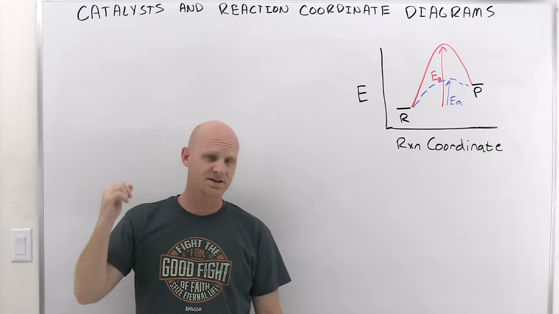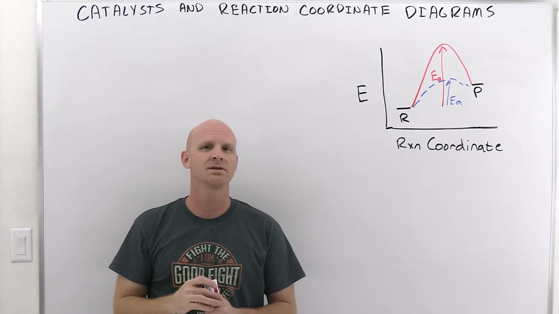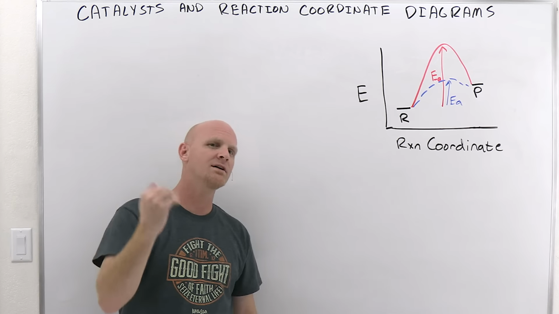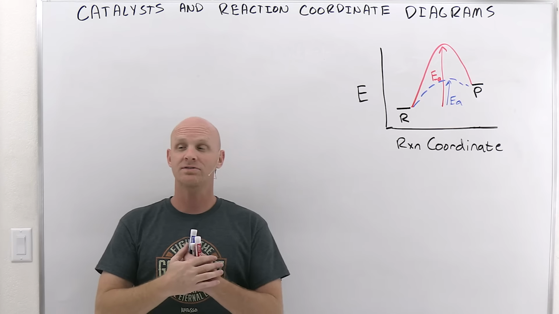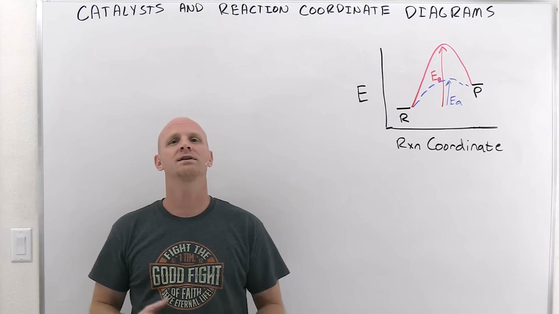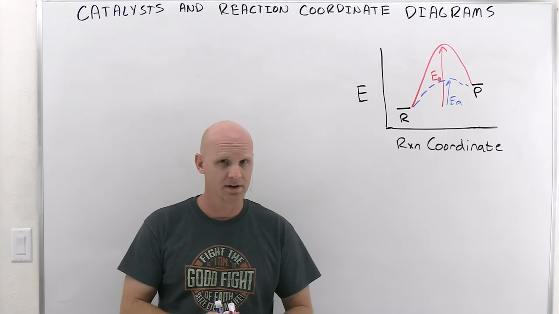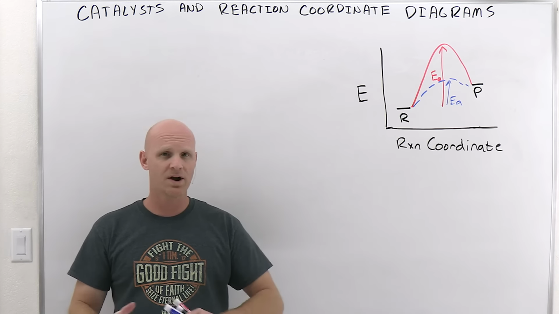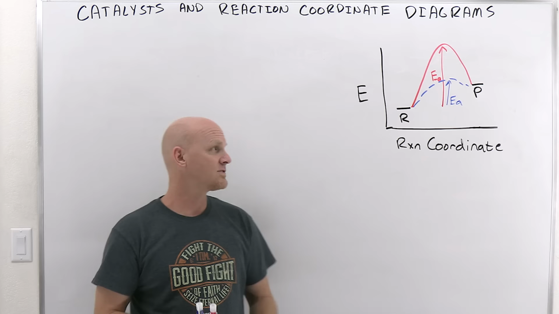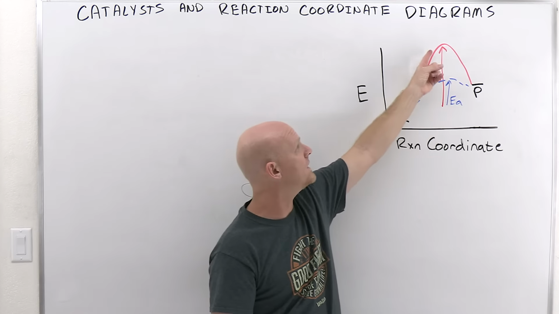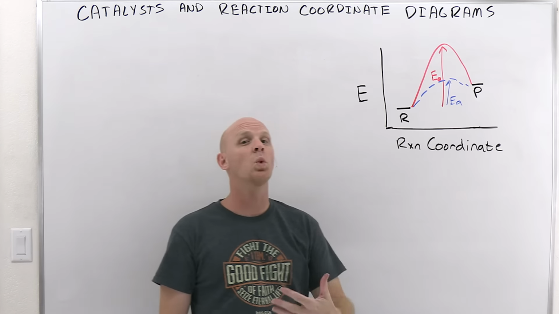And so a catalyst, the first thing you should know, speeds up a chemical reaction. How does it do that? By lowering the activation energy. Well, how does it lower the activation energy? It's going to take a totally different pathway or mechanism for this reaction. So it's going to be the same overall reaction, but it's going to take a different pathway, a different mechanism. One hill from reactant to product implies one step.